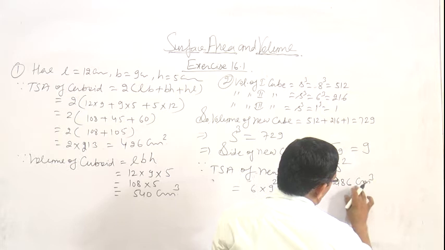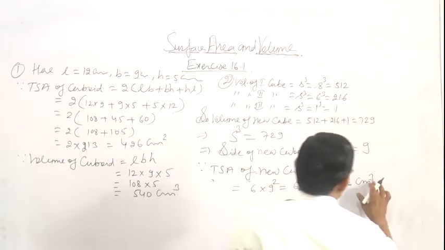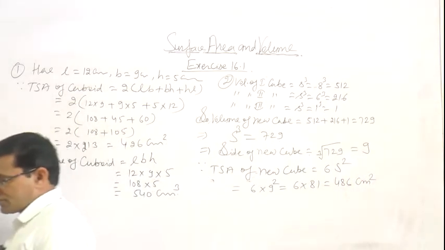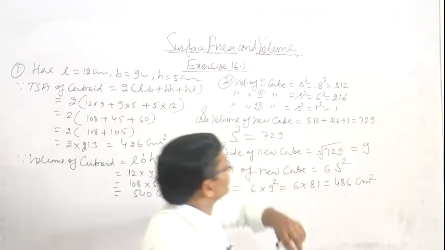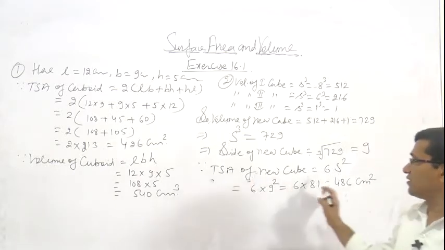This is the total surface area, so we write centimeter square. Total surface area of new cube is 486 centimeter square. So we use this method for finding the total surface area of the new cube.